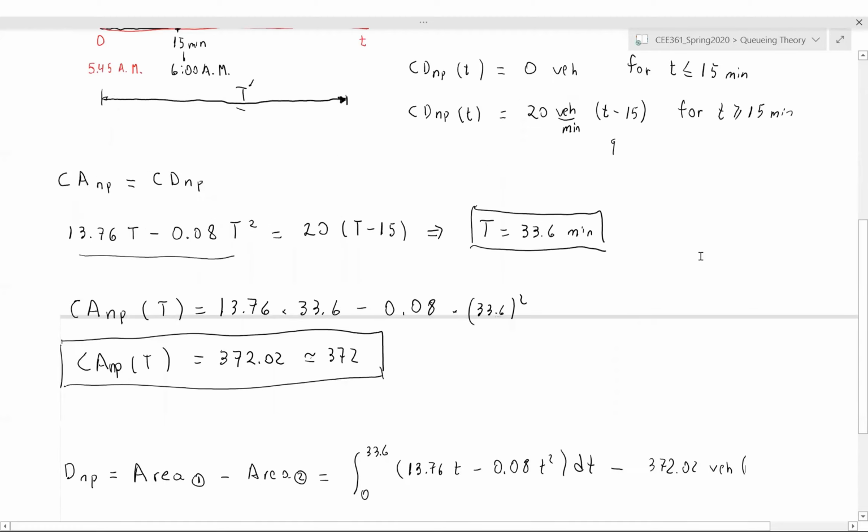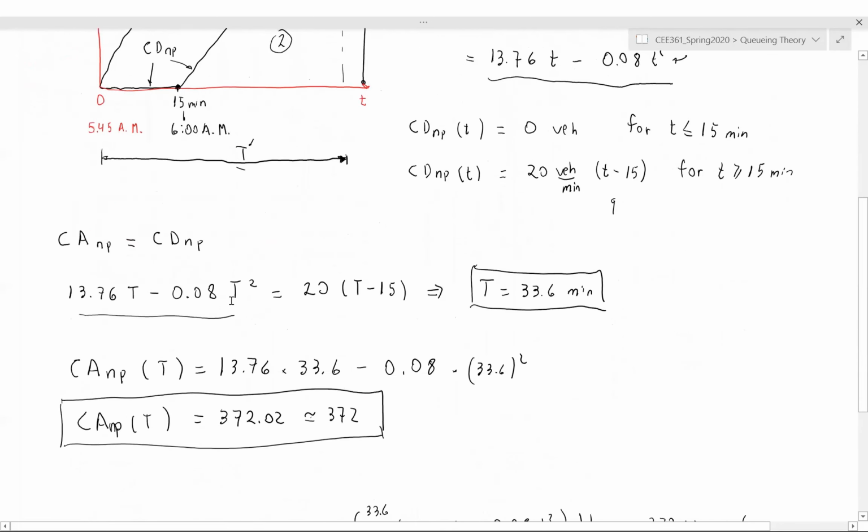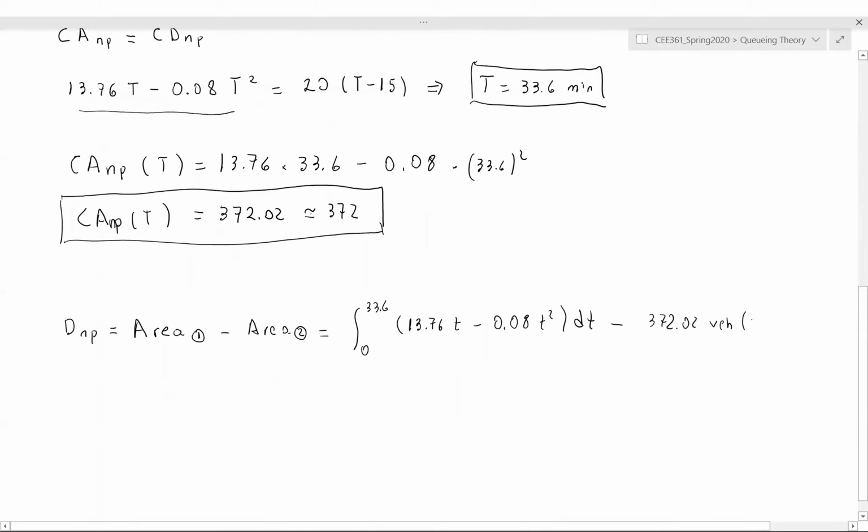So sometimes I say stupid things, and I hope you guys start correcting me, otherwise this will stay there forever. So I said, I know this is the height, but the base of the triangle is t minus 15 minutes, right? That would be 33.6 minus 15 minutes. And since that's a triangle, it has to be divided by 2.